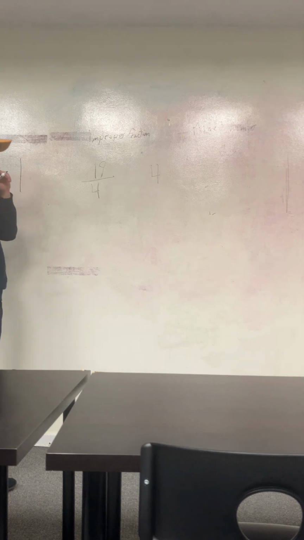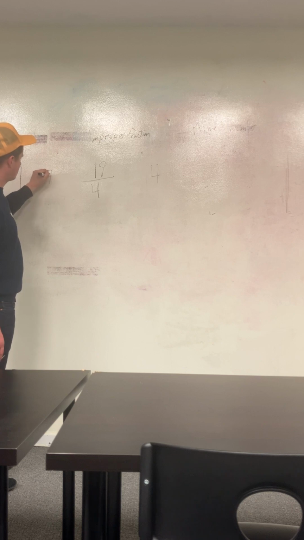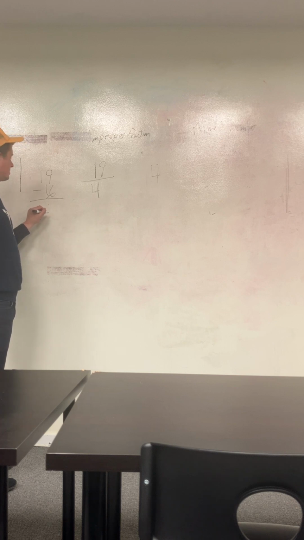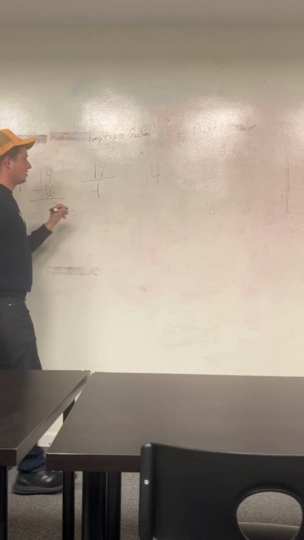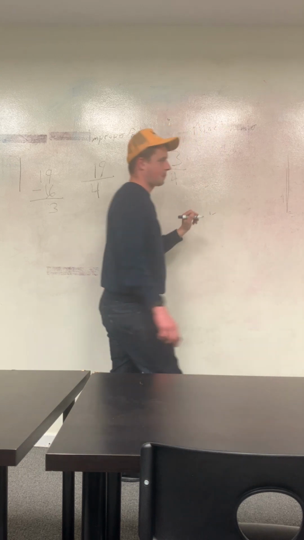Did I do something wrong? So what is 4 times 4? 16. So you then say 19 minus 16 is 3. So then our fraction is 3 over 4.